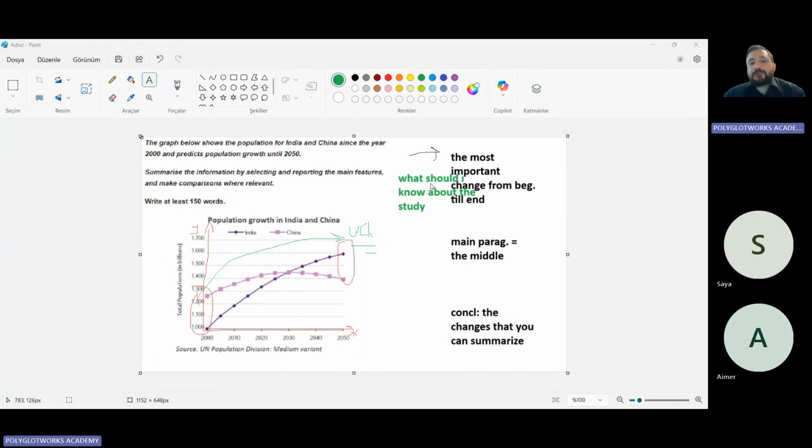Generally, it is another mistake of students that we have not only 2 trends here. How many trends can you see? How many trajectories? I see 2 trends. It's a line. Ah, 3, okay. Increasing, decreasing, increasing.